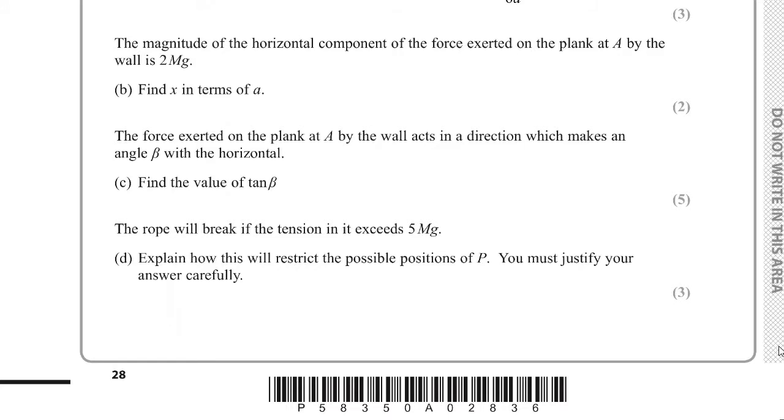Part C, we're told that the force exerted on the plank at A by the wall is acting in a direction that makes an angle β with the horizontal.